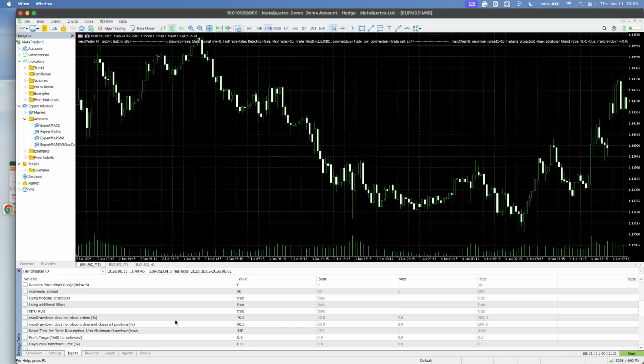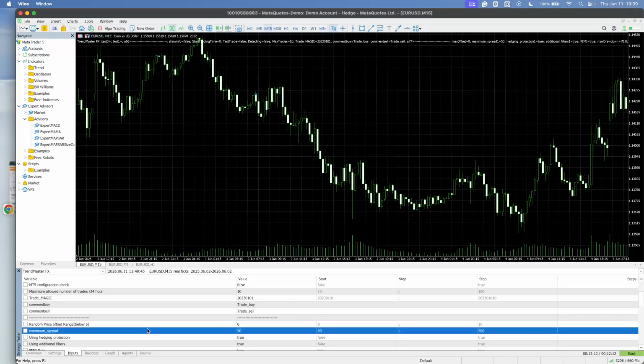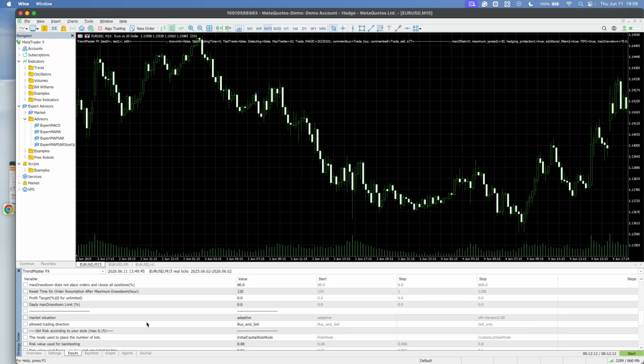There's also additional filters and max spread control, and also there's the drawdown protections that pause trading at certain times and at certain levels, and also we have hedging. All of these are the settings and inputs that are recommended, the defaults basically.